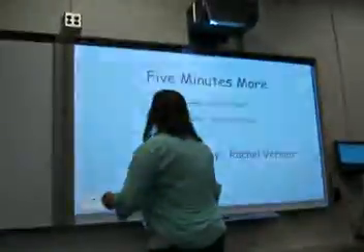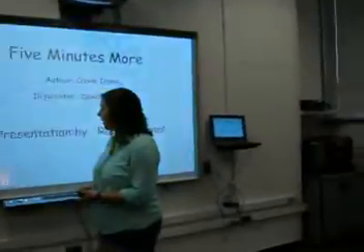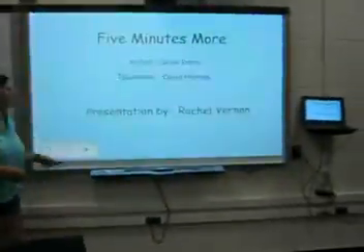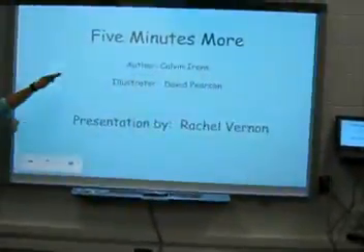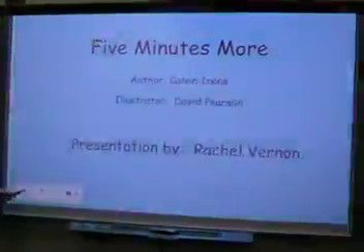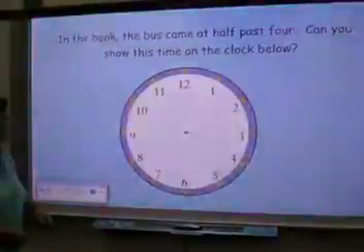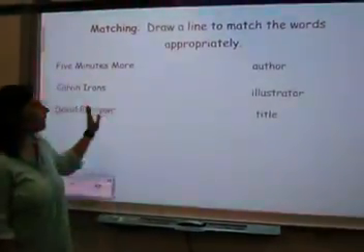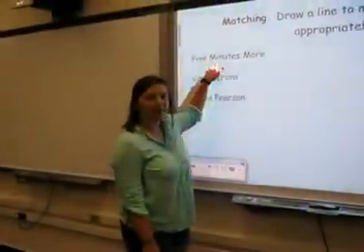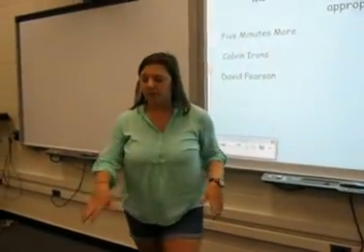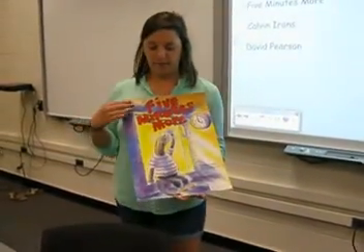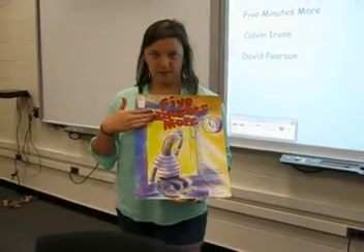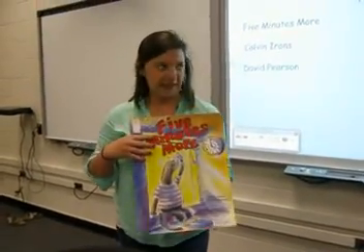And then after reading the story, I made this PowerPoint, 5 Minutes More, and it talks about the author and the illustrator again. Whoops, I skipped one. First, we would spend a good amount of time talking about the cover of the book and what goes on it, such as the author, the illustrator, and the title.